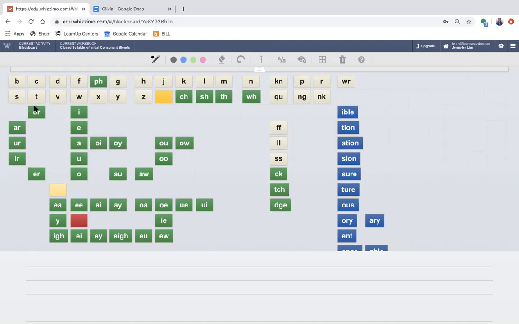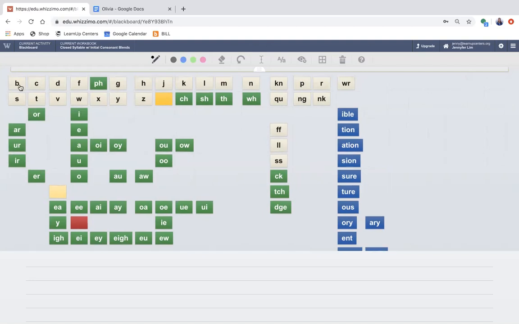And then let's review your sounds. What does this say? B, K, and S. Good job.